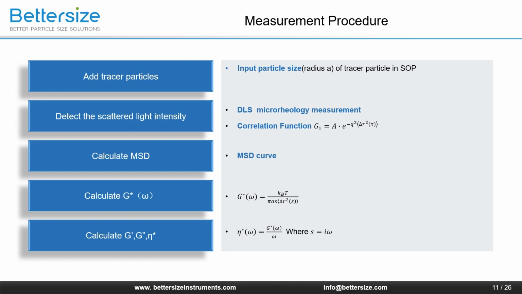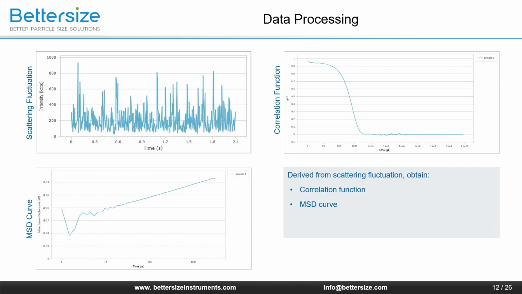The first thing to do is input the particle size of the tracer particle. Then the instrument measures the intensity of the scattered light to obtain the correlation function, and from that we can obtain the MSD curve. Finally, the rheological information such as G', G'', and eta* can be extracted from the MSD curve. Let's look at the data processing of the BeNano series.